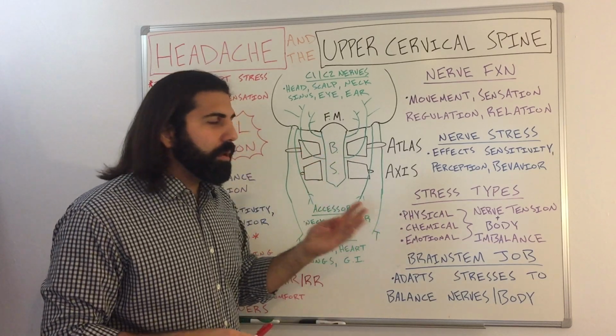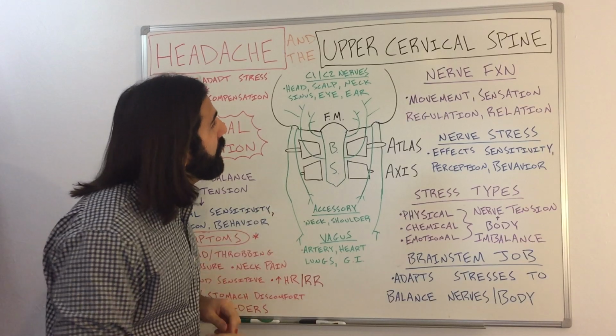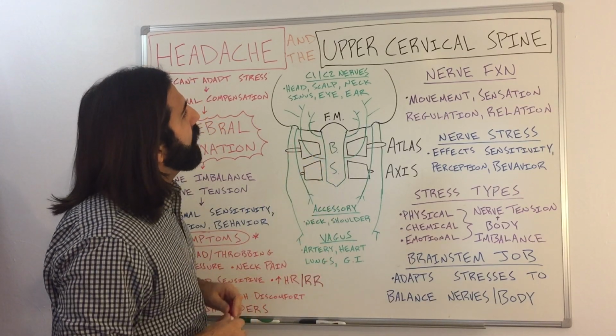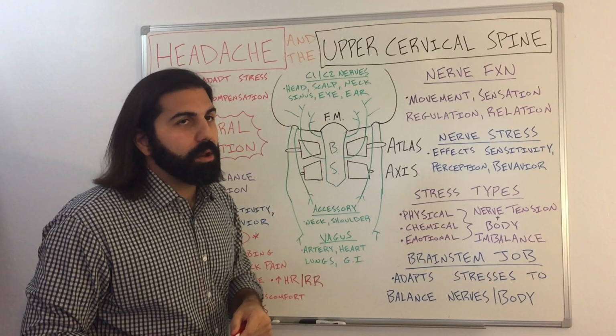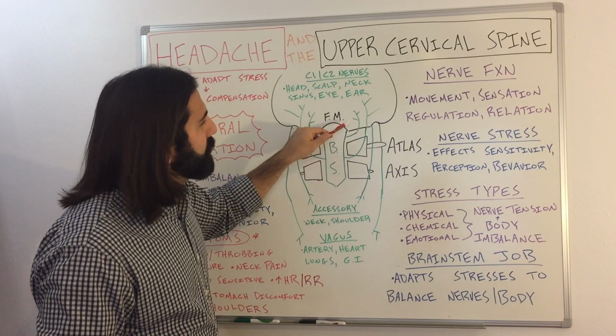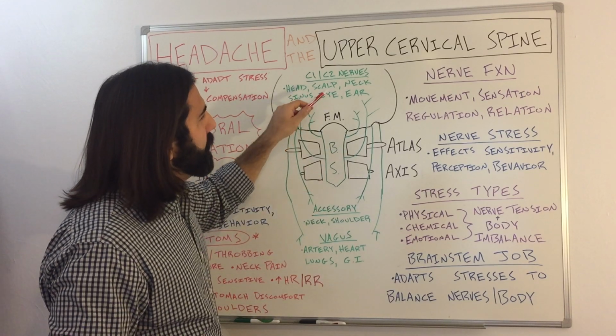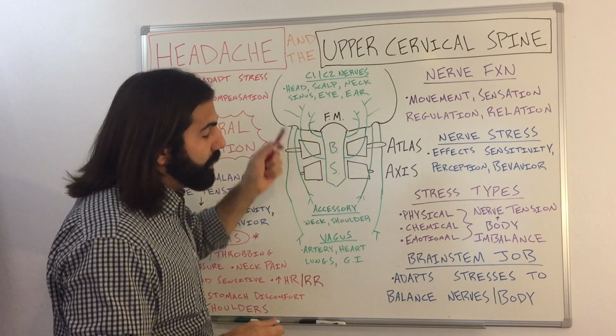Along with those four main structures, we'll also focus on four specific nerves. The first nerve pair is the C1 spinal nerve. It leaves the brainstem in between the occiput bone and the atlas bone. Next, we'll talk about the C2 spinal nerve.